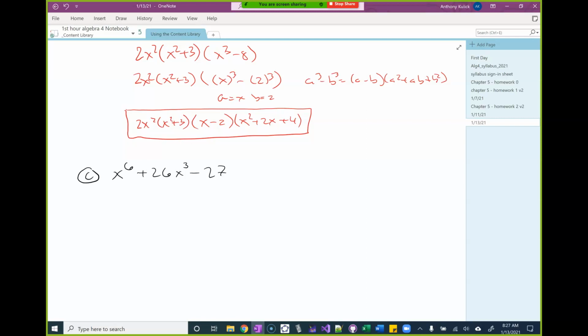If you get stuck, feel free to go back and look at the notes that we've done already today or in the previous day. They should be helpful to you. If you get stuck and you're not sure what to do, we'll take a minute here and then go through that.